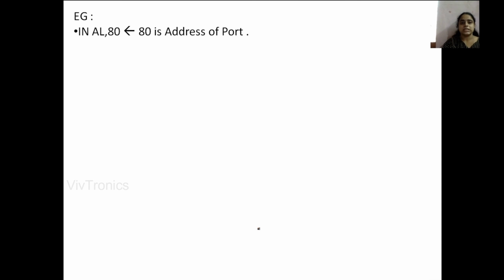For example, IN AL, 80 means AL is the accumulator here; it won't change. The destination is always AL or AX, depending on whether the data is 8-bit or 16-bit. And 80 is the address of the port.